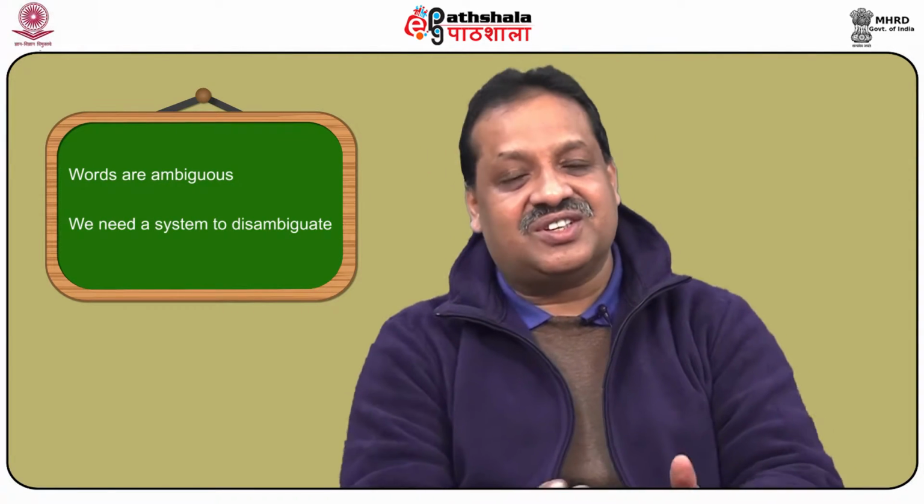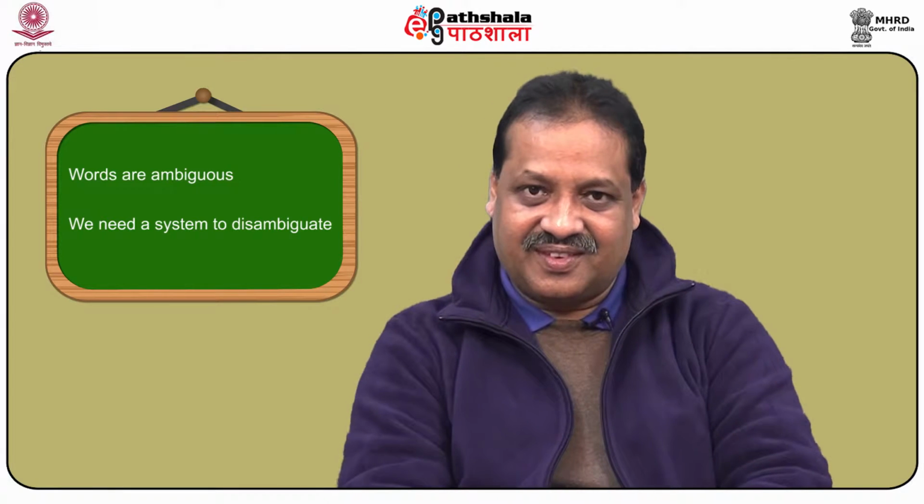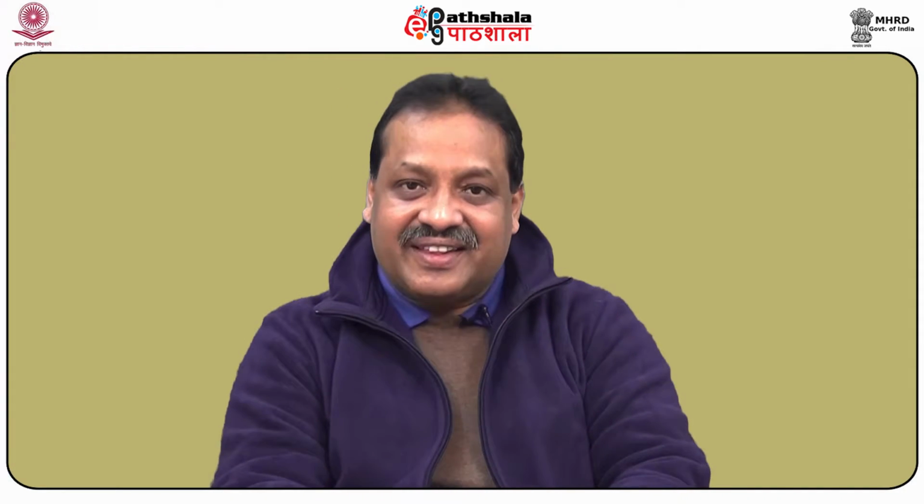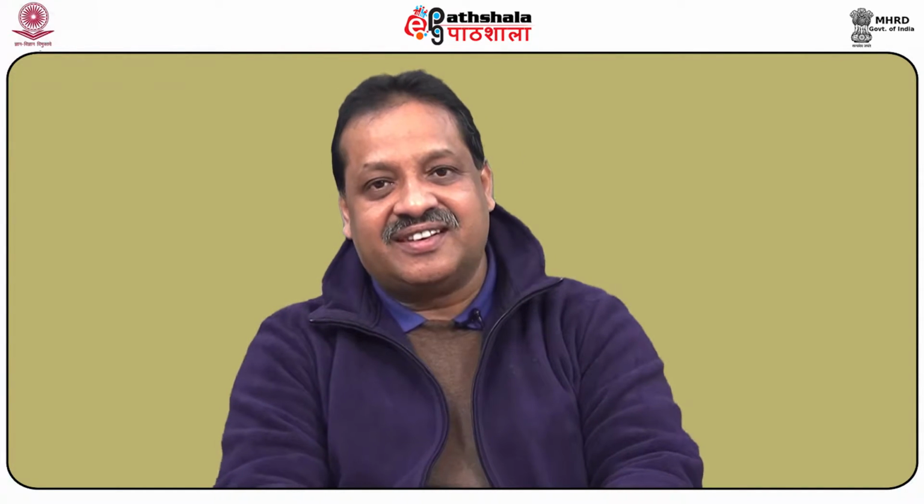Now, there are two important questions. The first issue is that words are ambiguous. We need a mechanism or system to disambiguate. Now, the question is, why do we need it? Why do we think that disambiguation is necessary?